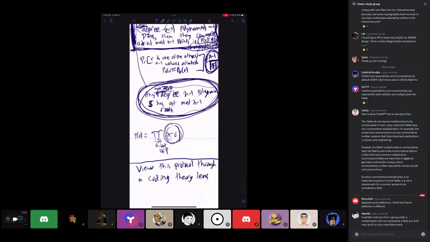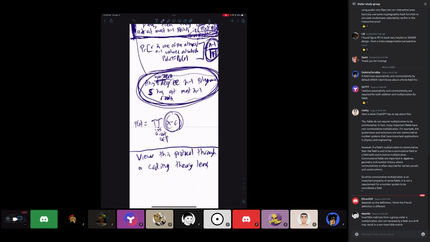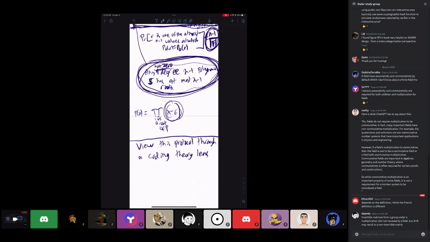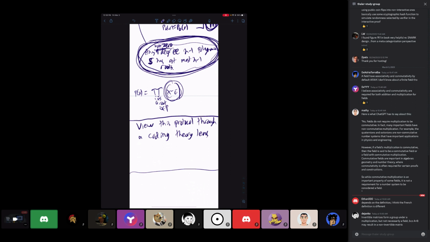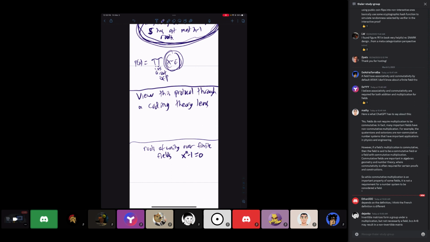I'd say some of the SNARKs that use univariate polynomials need to deal with roots of unity over finite fields. An nth root of unity is a root of the polynomial x to the n minus 1 equals 0, right? You raise x to some power and you get out 1.